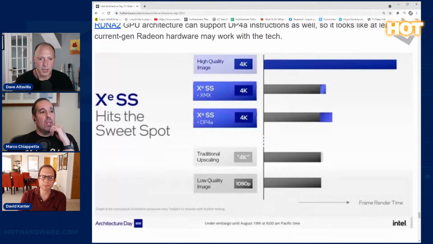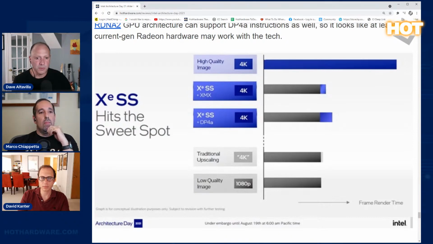There's the speed up. You can see the top bar. And by the way, this is a sneaky slide. I told Intel that the top bar is native 4K. So that's the native 4K performance bar, which is longer. Shorter is better. Then XeSS, and then XeSS with DP4A below it. XeSS with XMX, which is the hardware engine on Alchemist that handles XeSS, is obviously faster, the shortest bar.